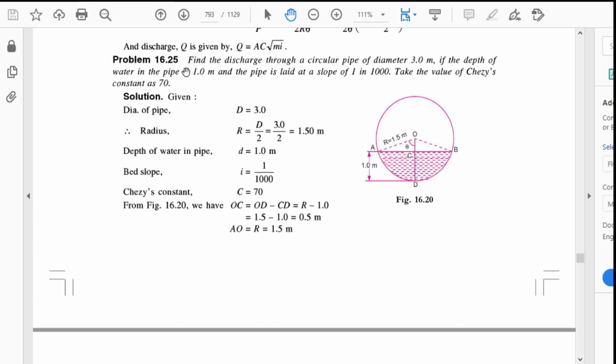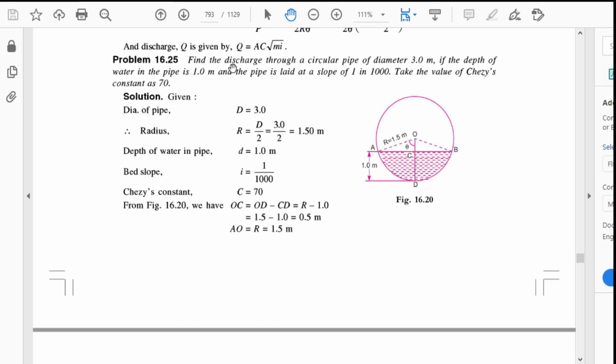The example is: find the discharge through a circular channel or a circular pipe of diameter 3 meters if the depth of water in the pipe is 1 meter and the pipe is laid at a slope of 1 in 1000. Take the value of Chezy's constant as 70.